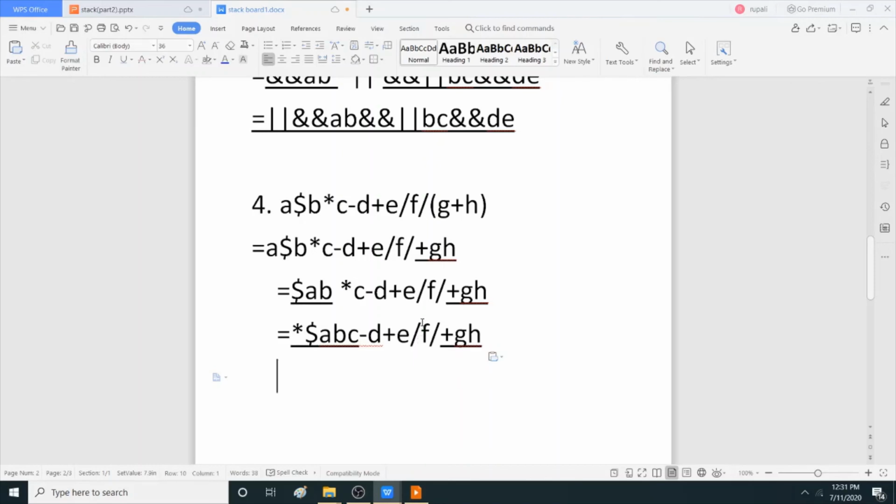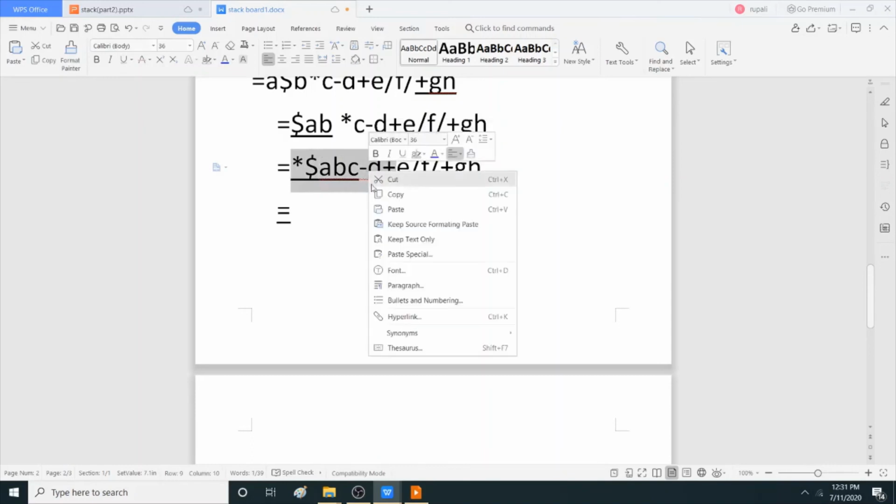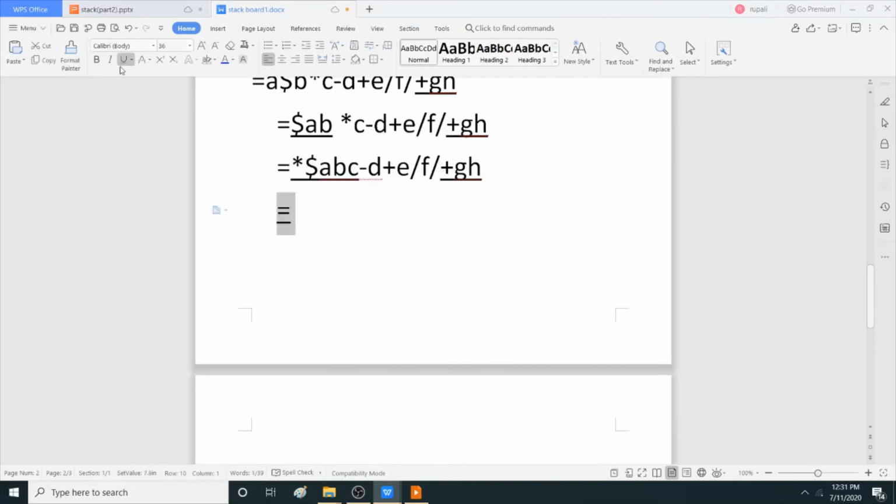Next comes, there are two by, but from left hand side this by comes first. So you have to do this by operation.